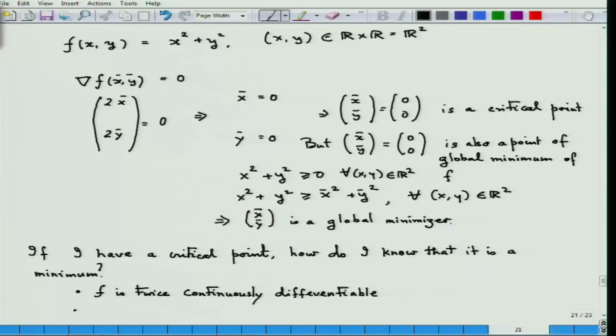And second condition is the Hessian matrix is positive definite at x equal to x bar, where x bar is a critical point.